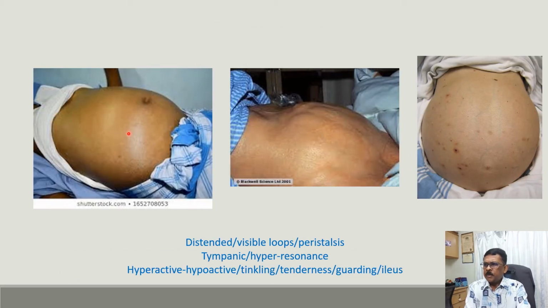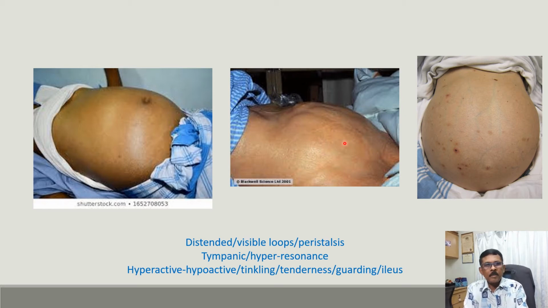Okay, these pictures show abdominal distension of varying degrees, maybe generalized distension here. And in these two, you can also see that there are some visible loops of bowel, and sometimes you can even feel them.